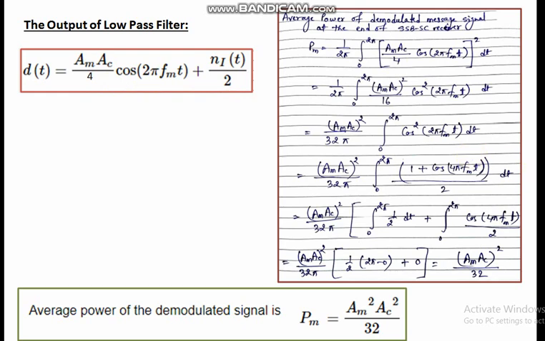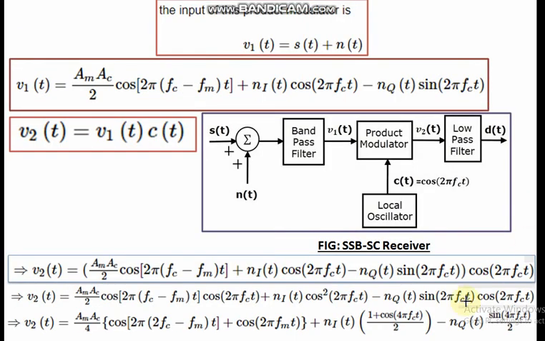Again I am showing you students from where we have calculated ni by 2. This is ni by 2. We have not taken the term which is having the higher frequency signal. This term is discarded because the low pass filter will pass only the lower frequency signal which is containing the message signal.